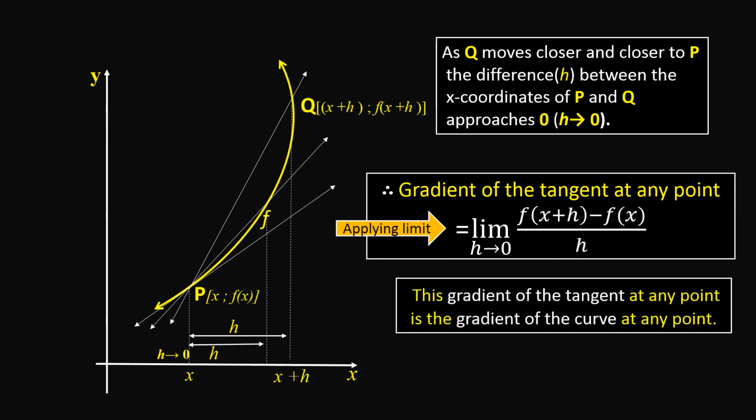This gradient of the tangent at any point is the gradient of the curve at any point. What is that? Equal to limit h approaches 0, f(x plus h) minus f(x) over h. And that is the gradient of the curve.